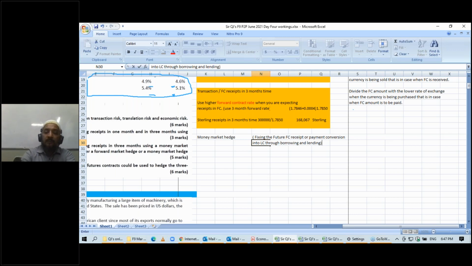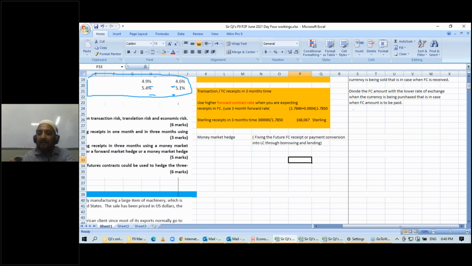So for investing, I'm using the word lending. So in the money market, funds are being sold. Some people will be buying the funds and some people will be selling the funds. And remember, in the money market, you can borrow local currency, you can borrow foreign currency as well. And also you can lend local and foreign currency in the money market, right?